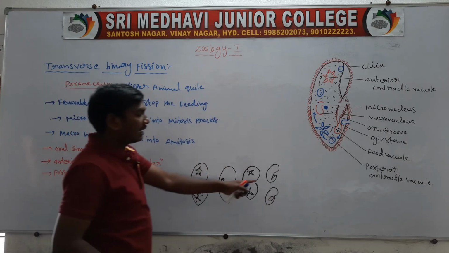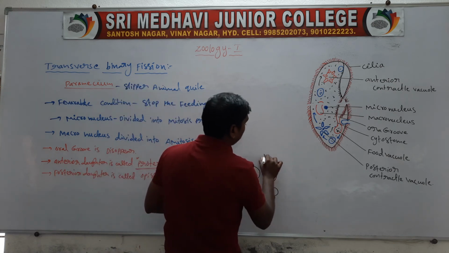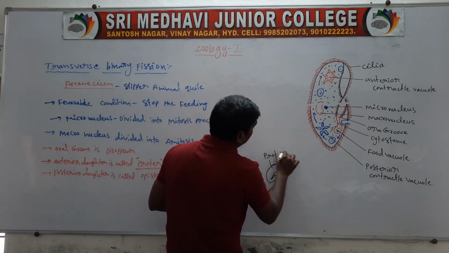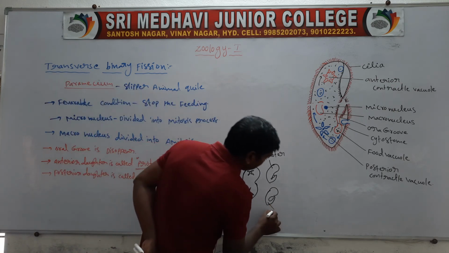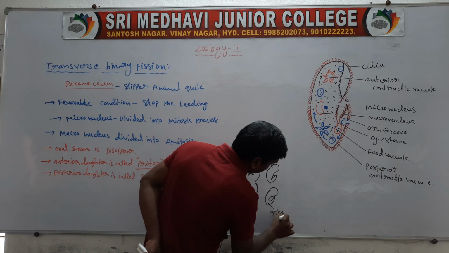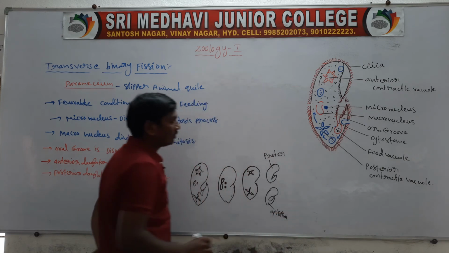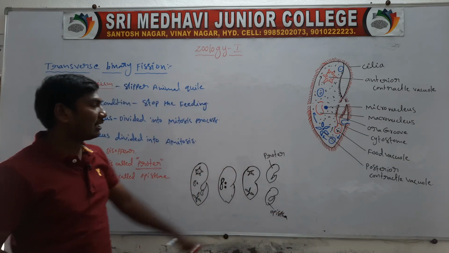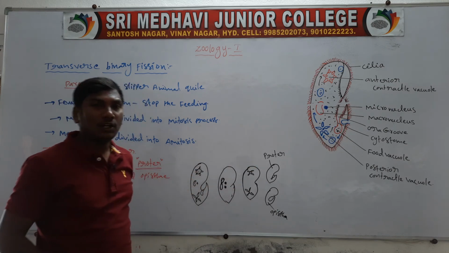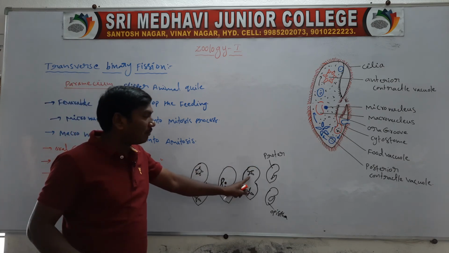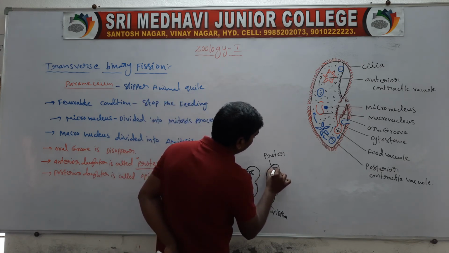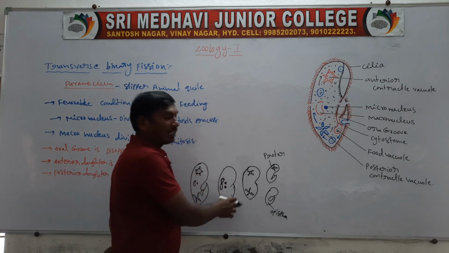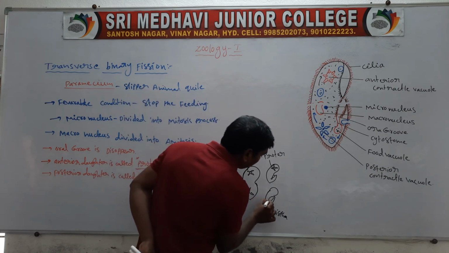The anterior daughter individual is called the proter, and the posterior daughter is called the opisthe. The anterior daughter receives the parental anterior contractile vacuole, and the posterior daughter receives the posterior contractile vacuole.